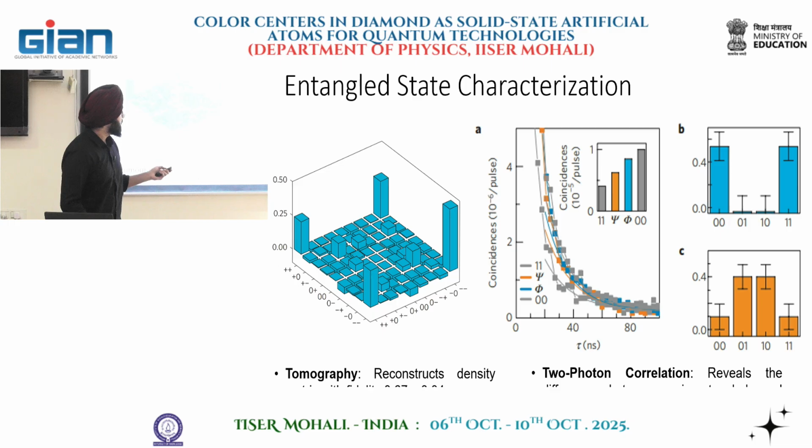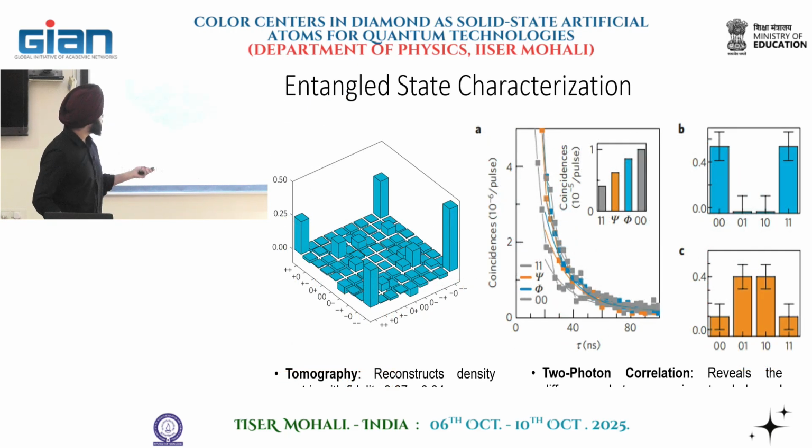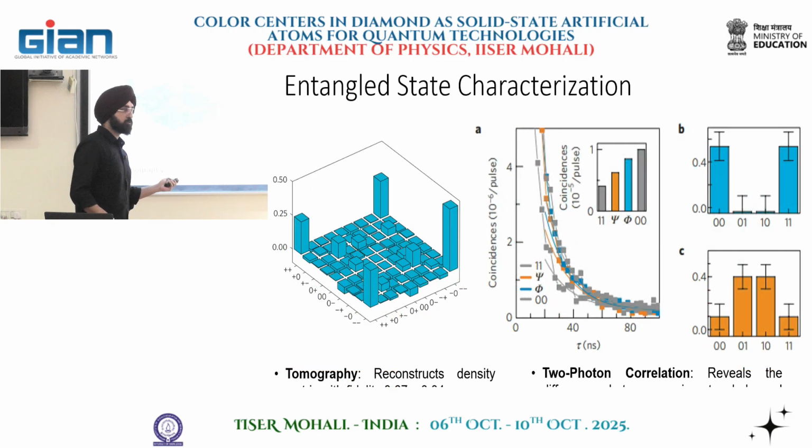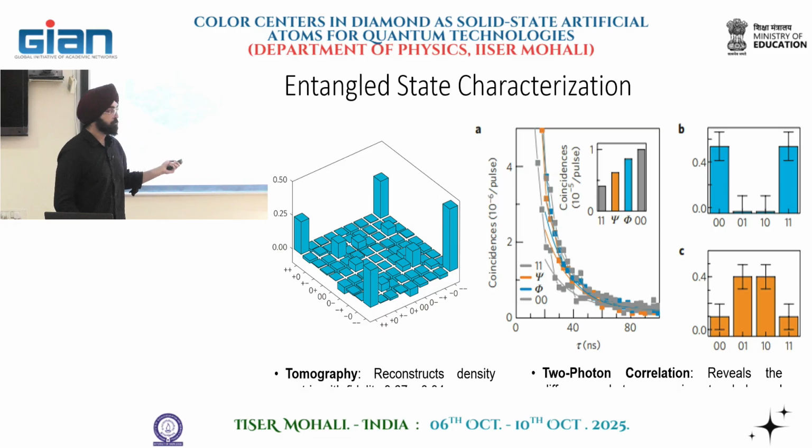This state phi corresponds to bunching of photons because, as you can see here, both of the NV centers are in the same state at the same time. It's opposite for the psi state. It goes as 0, 1 plus 1, 0. So phi corresponds to bunching of photons, whereas psi corresponds to anti-bunching of photons.